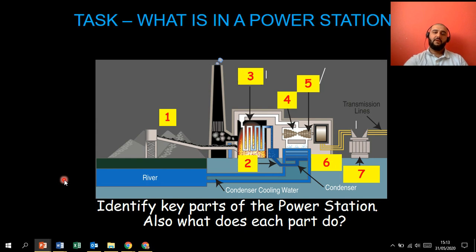Effectively, what happens first is the fossil fuel, which in this case is coal, and certainly here in the UK, in the 1970s and early 1980s, over 80% of the electricity generated in power stations came from coal.